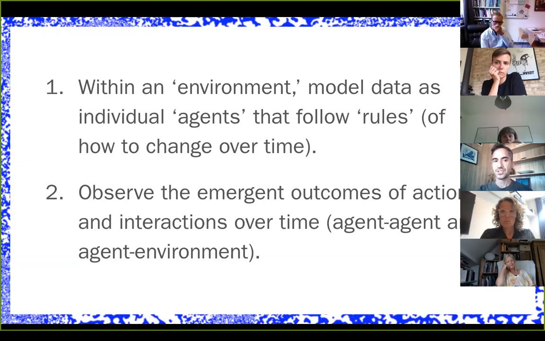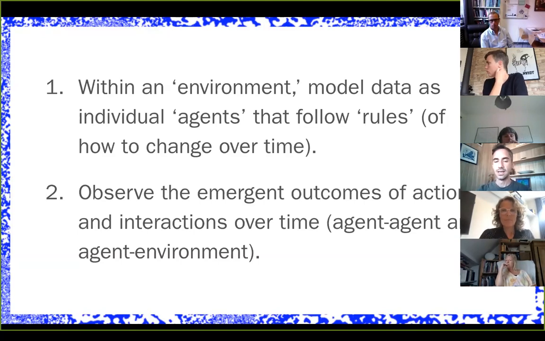These are very abstract terms, and I think that's part of what makes it so applicable to a variety of domains. An environment is not necessarily a physical or spatial environment. It could be a conceptual or ideological space. In one of the political models, I'll talk about that. Individual agents are also not necessarily individual human beings.